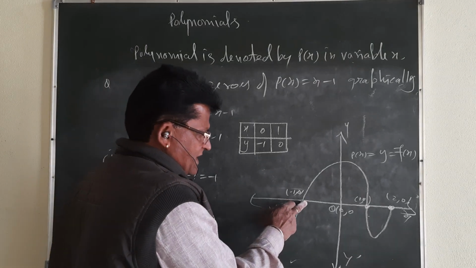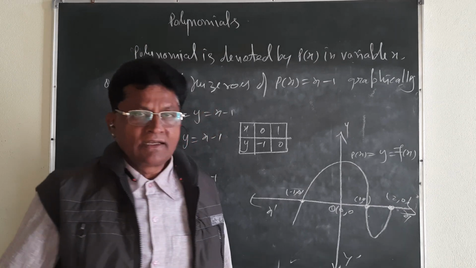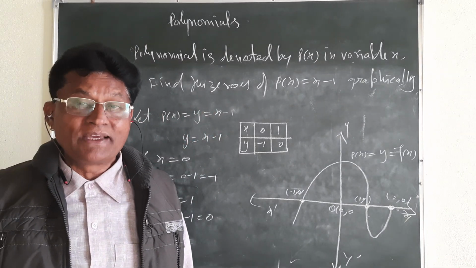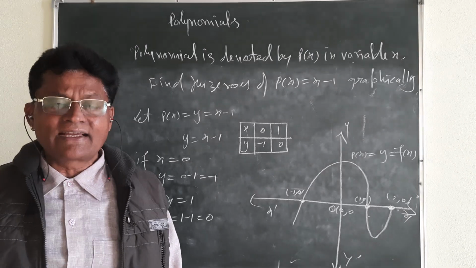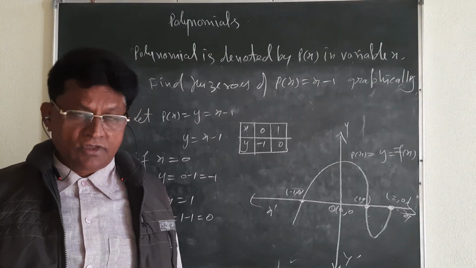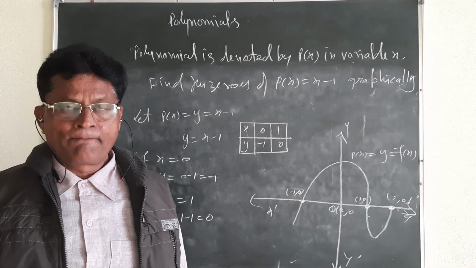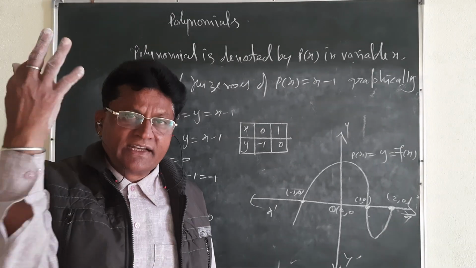Because the graph intersects the x-axis at 3 points, definitely it will be a cubic polynomial, and there will be 3 zeros of this polynomial.